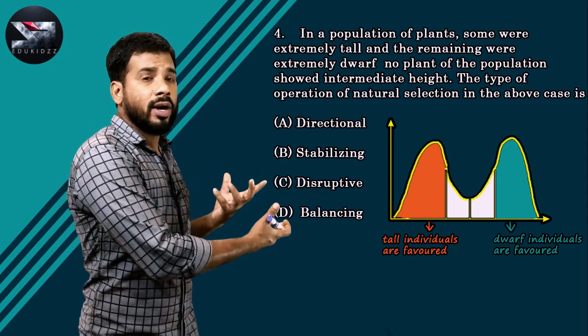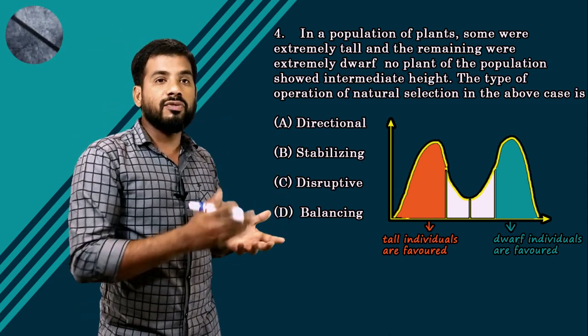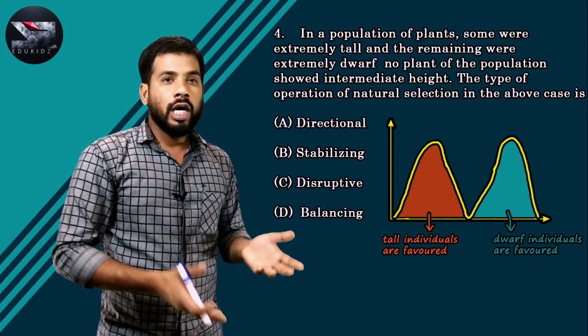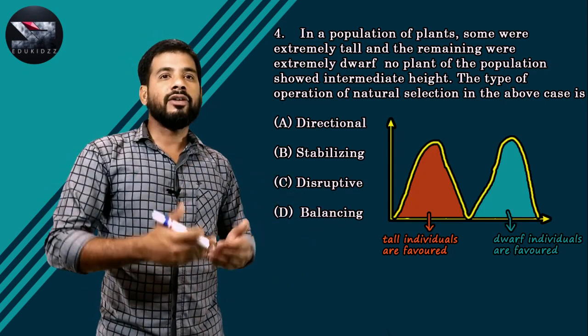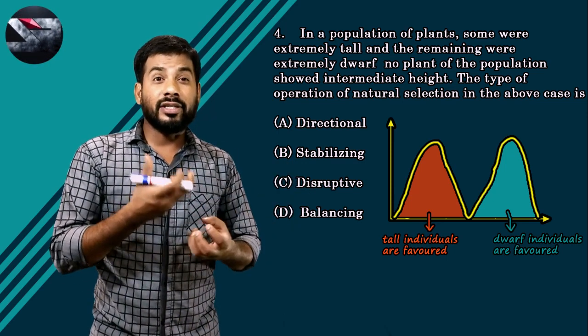And finally what happens, the population or the individuals with medium height will be completely eliminated from that area and only individuals with the tall and very dwarf character will be there. So this is what is called the disruptive selection.